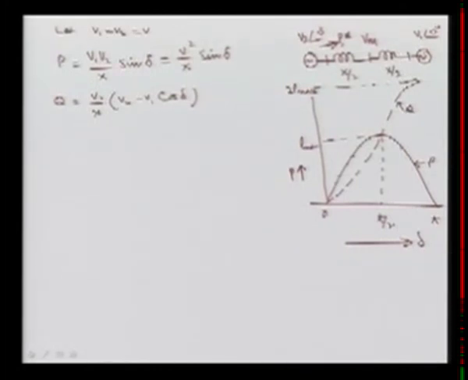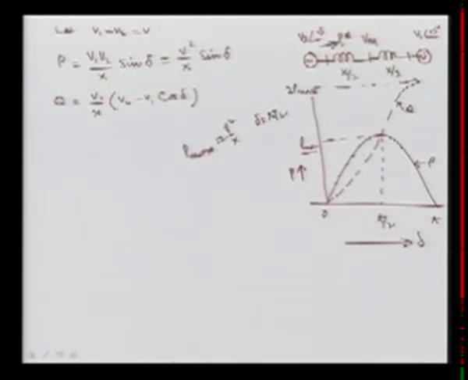And we know that the maximum P max is at the angle pi by 2, that is 90 degrees, where sin delta becomes unity, and P max is nothing but V square upon X.